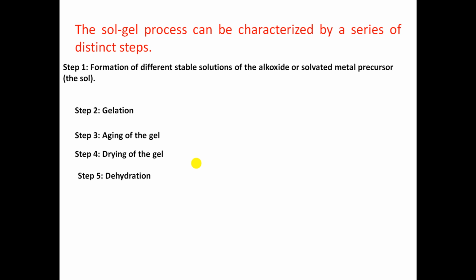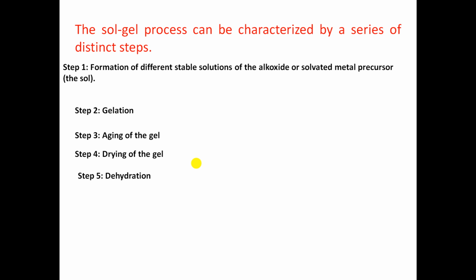During the dehydration step, the surface bound metal hydroxide groups are removed, thereby stabilizing the gel against rehydration. This is normally achieved by calcining the monolith at temperatures up to 800 degrees Celsius.